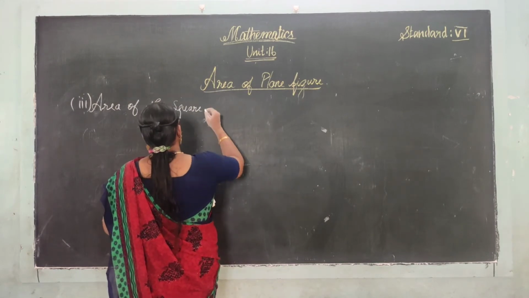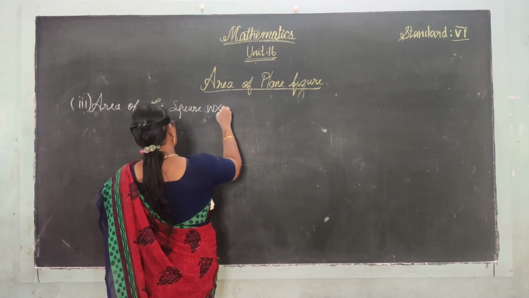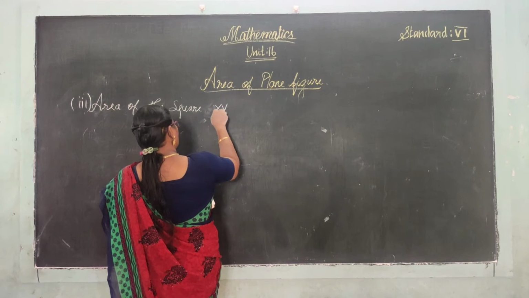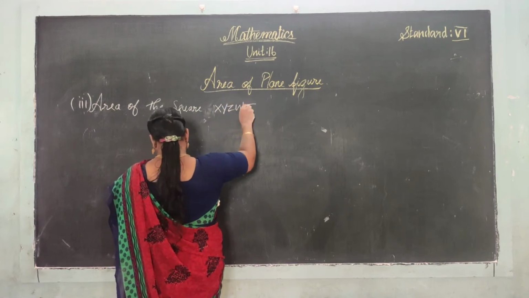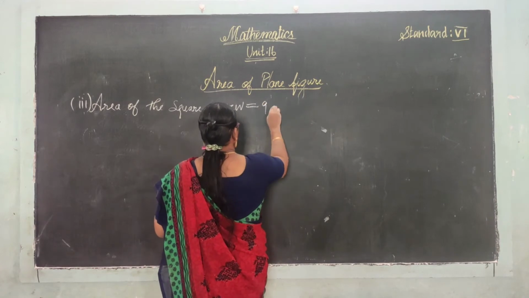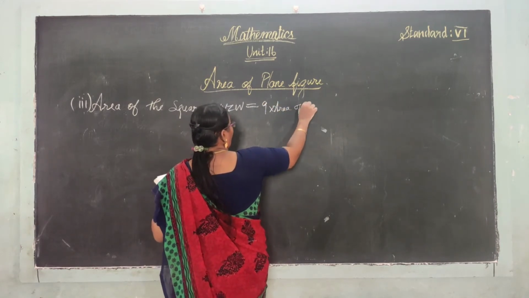So square XYZW is equal to how many square boxes? 9, 9 into area of 1 square.